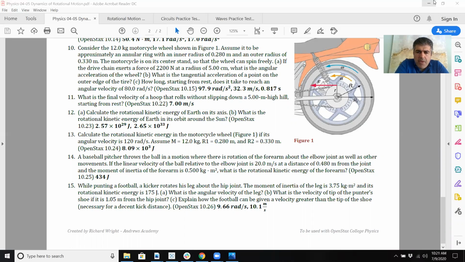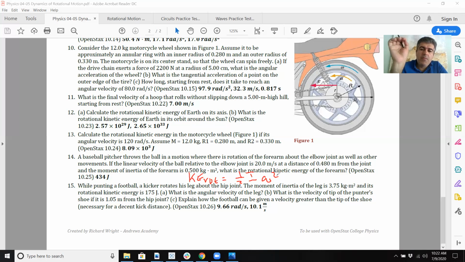Okay, so yeah, this one's a little funky. Remember, rotational kinetic energy is this. So KE rot, with rot as a subscript, is 1/2 I omega squared. Now, we're not given the angular velocity. We are given the inertia, so that's good.